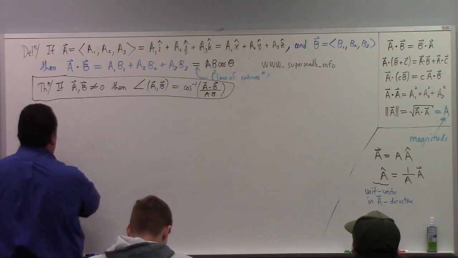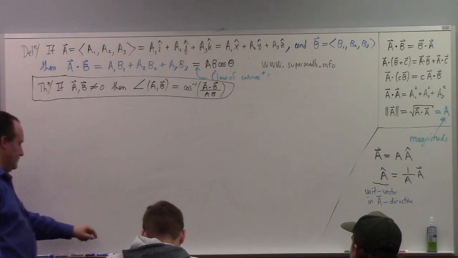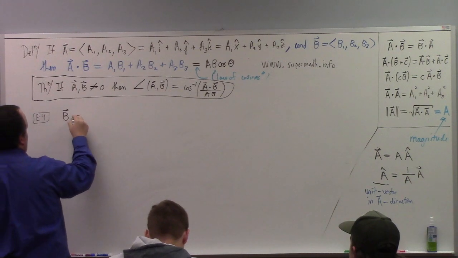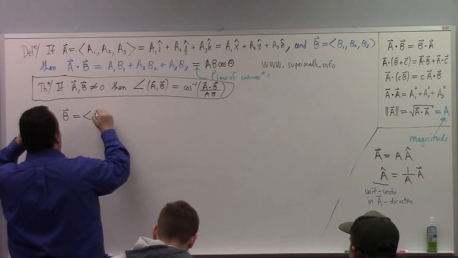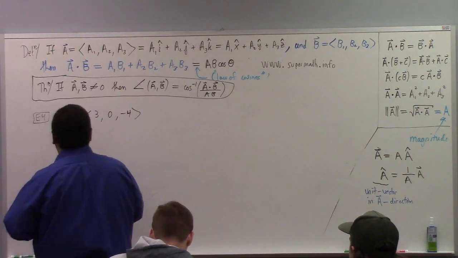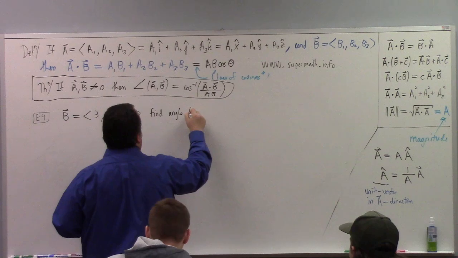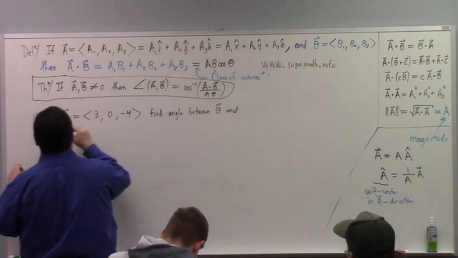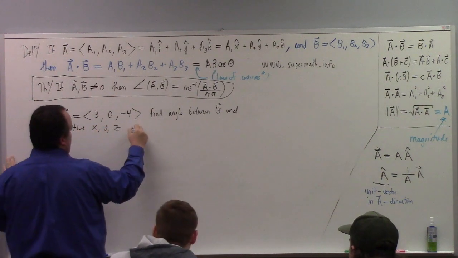Let's look at B equals 3, 0, minus 4. My question is, find the angle between B and the positive x, y, and z coordinate axes.